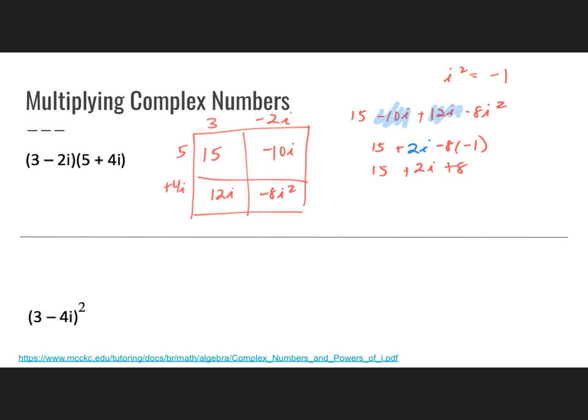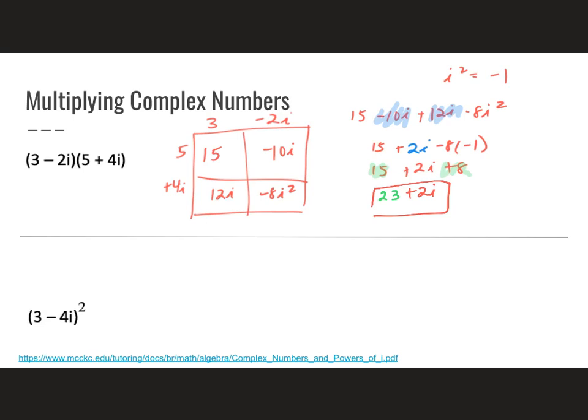And then I end up with another set of like terms over here, right? I end up with this 15 and this 8. And so when I combine 15 and 8 together, I get 23. And then I have my other imaginary part right over there to get my fully simplified complex expression. So this should be my answer when I'm asked to simplify that.